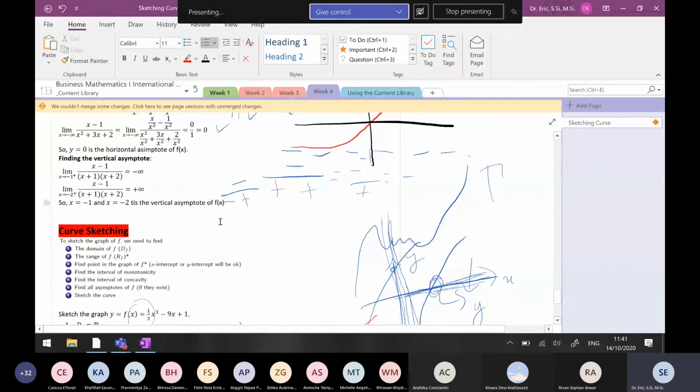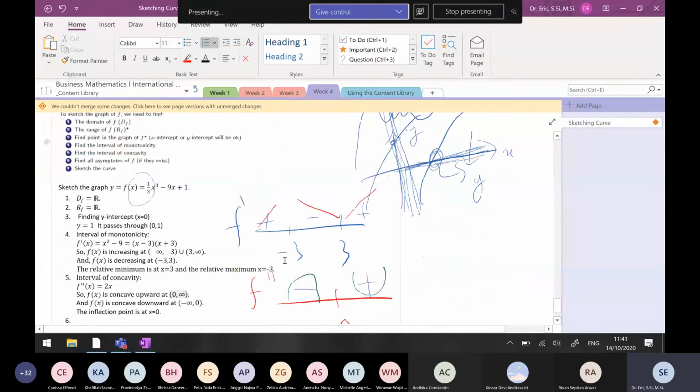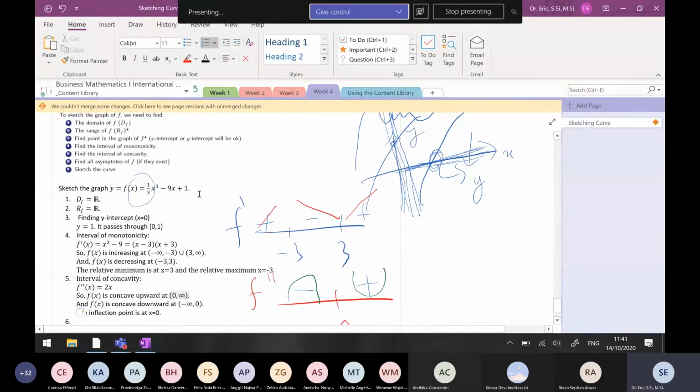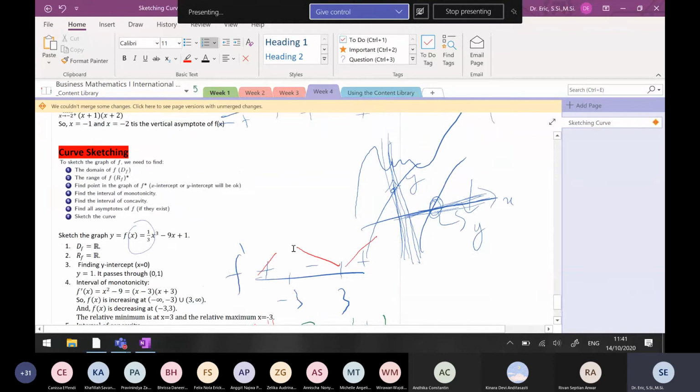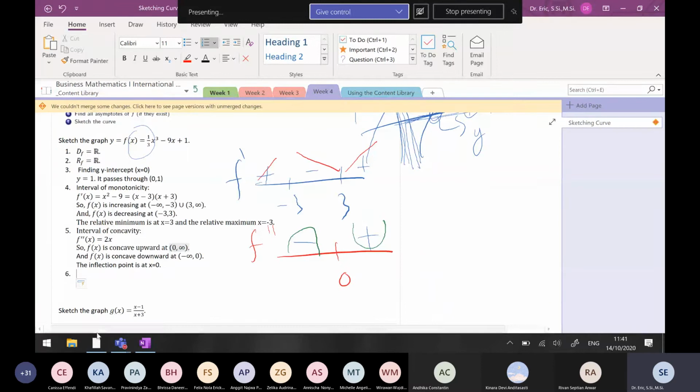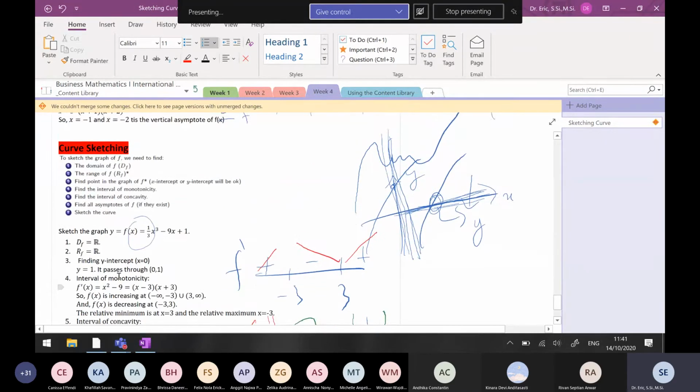Exponents and logarithms also have asymptotes, but we won't discuss them now. Polynomials do not have vertical or horizontal asymptotes.